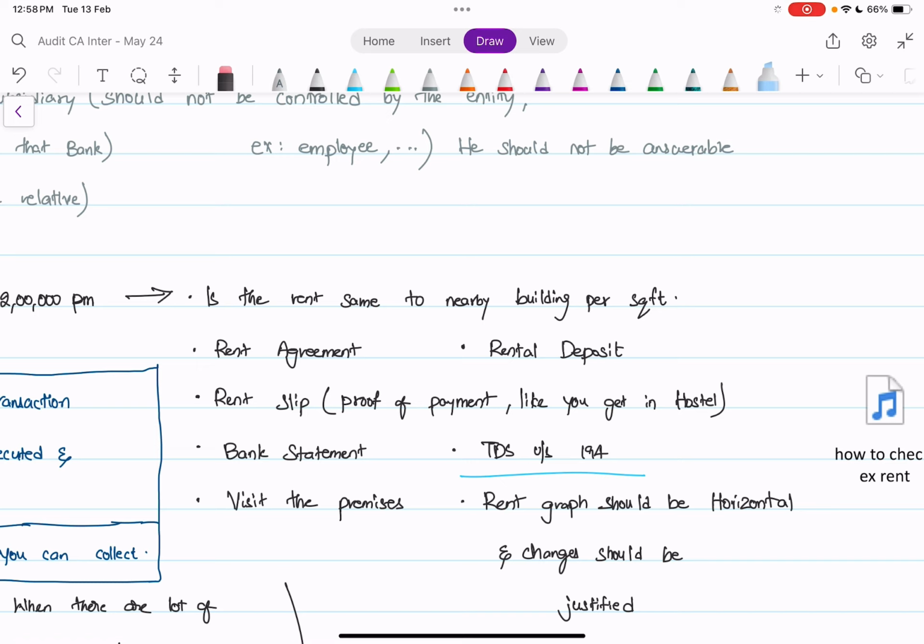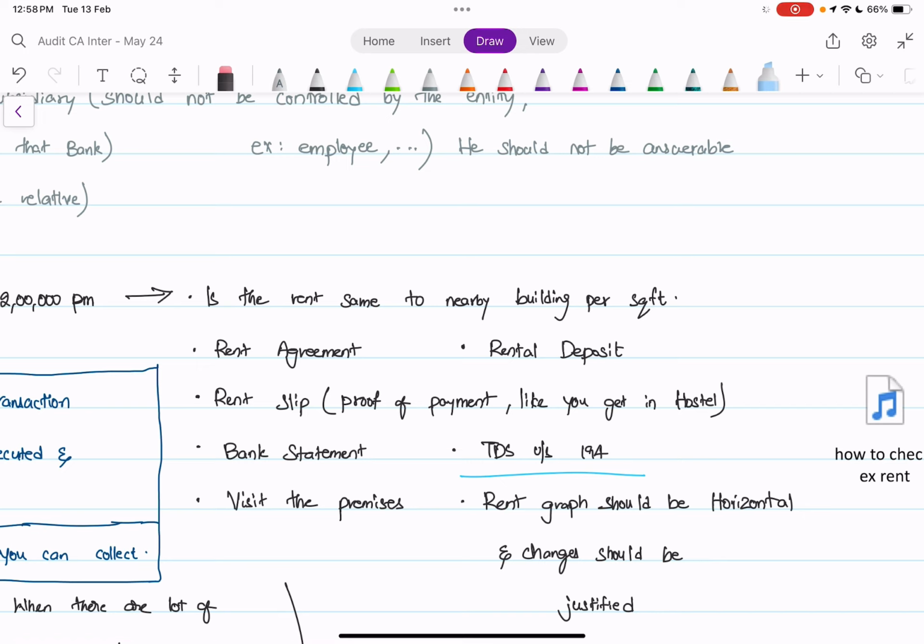That is the third. And generally, more than 95% of the time, if the premises is office related, there would surely be a rental deposit, and the deposit amount would be as stated in the rental agreement. So you can cross verify that. Every month you would get a rental slip or invoice from the person giving you the premises for rent.